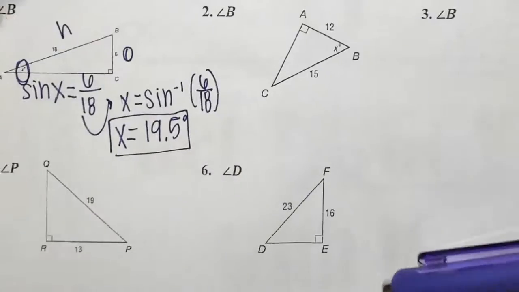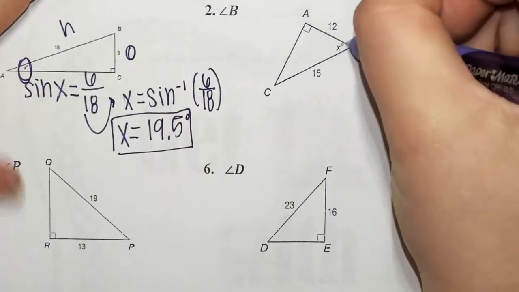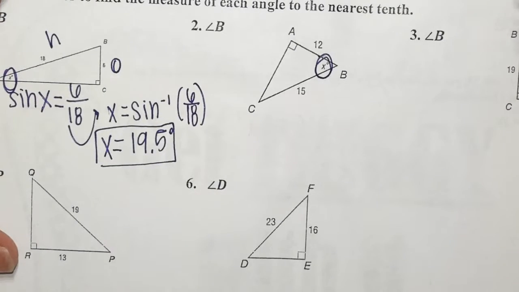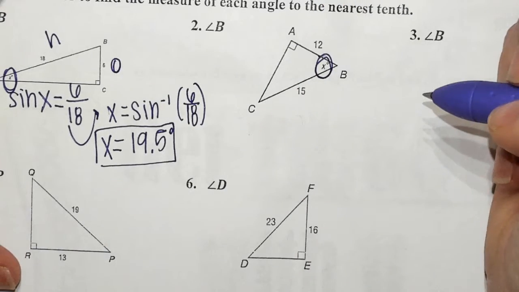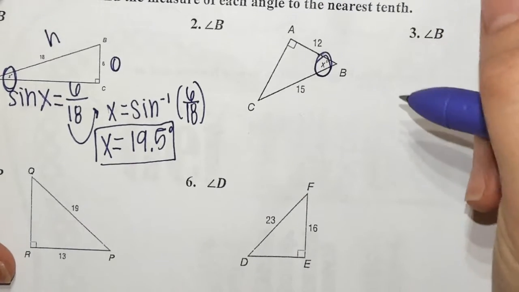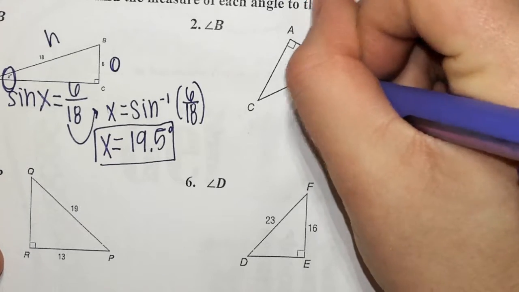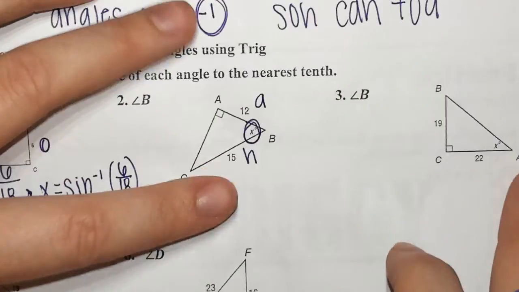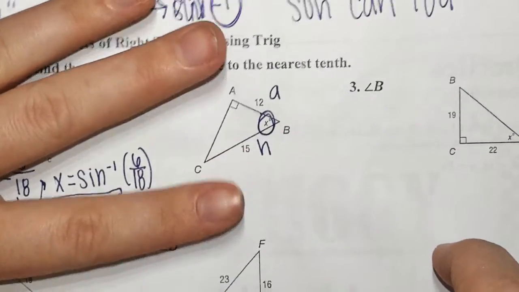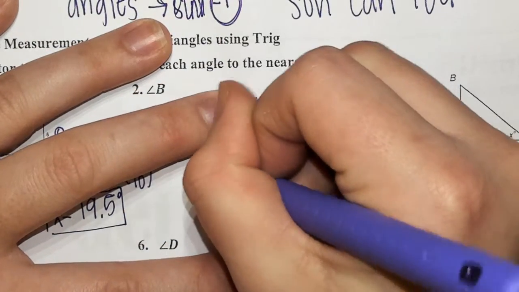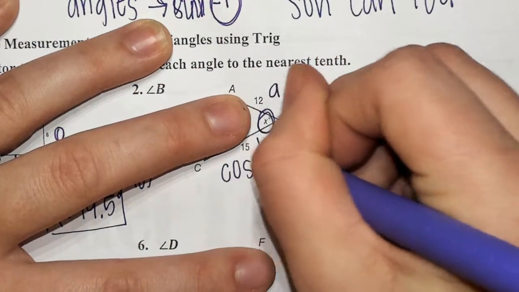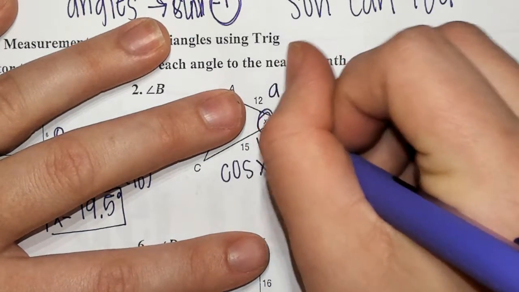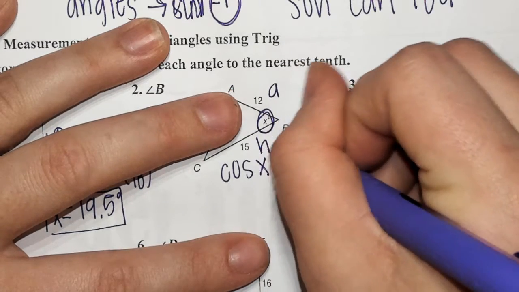Okay, now for 2, let's find x. So I'm going to circle the angle I'm finding. Let's label our sides. Do I know the opposite? No. What's 15? What's 12? So which trig function are we going to use? Cosine. So we'll have cosine of x equals what divided by what? 12 divided by 15.